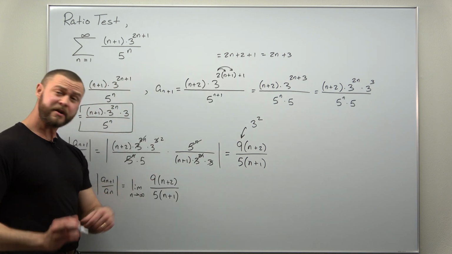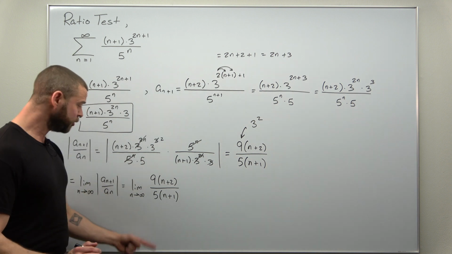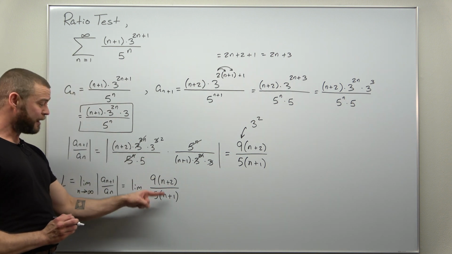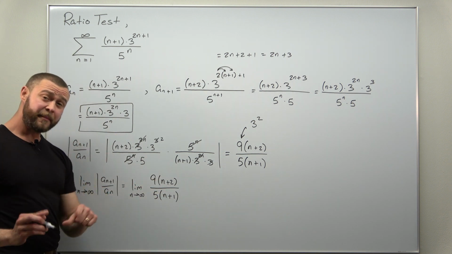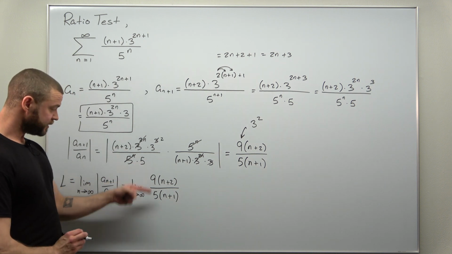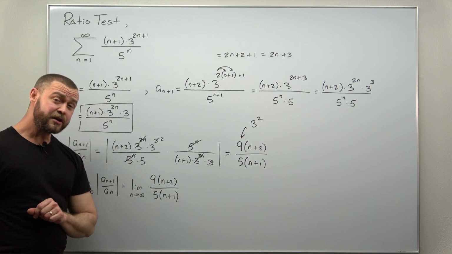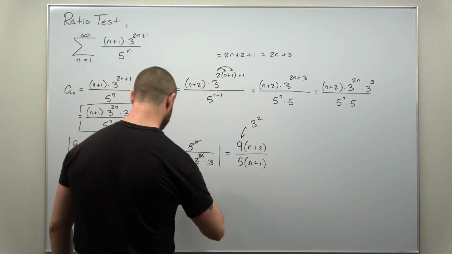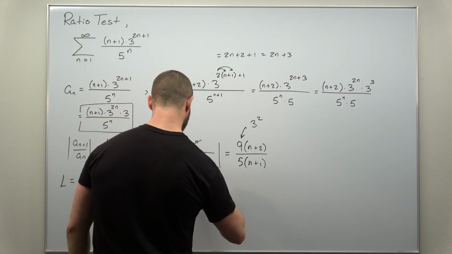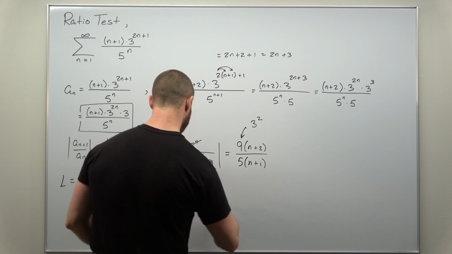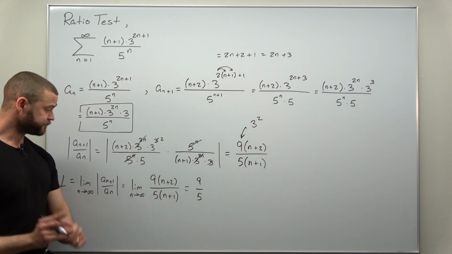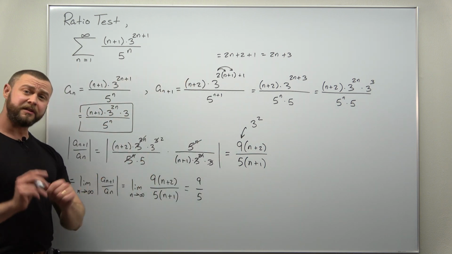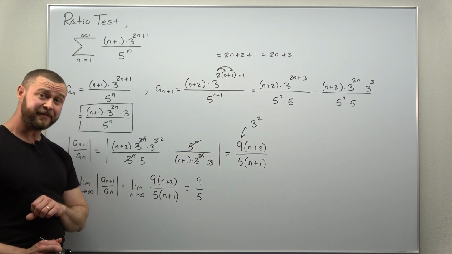Now this one, you can go through and apply L'Hopital's rule. You might be able to recognize that your powers of n in the numerator and denominator are equal. So the limit is going to come out to the ratio of the leading coefficients, 9 over 5. But definitely apply L'Hopital's rule to get full credit. And what you'll find here is that the limit comes out to 9 over 5.